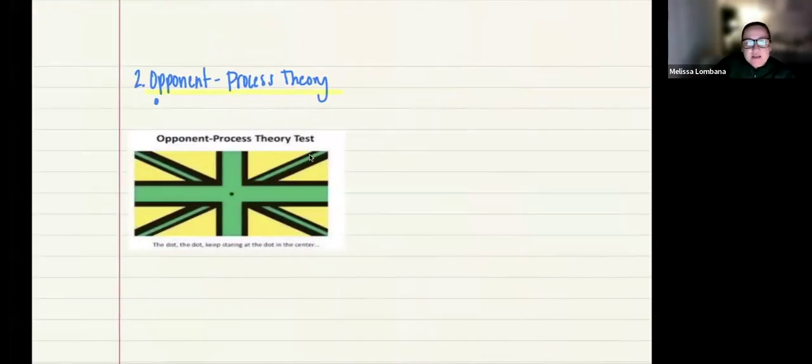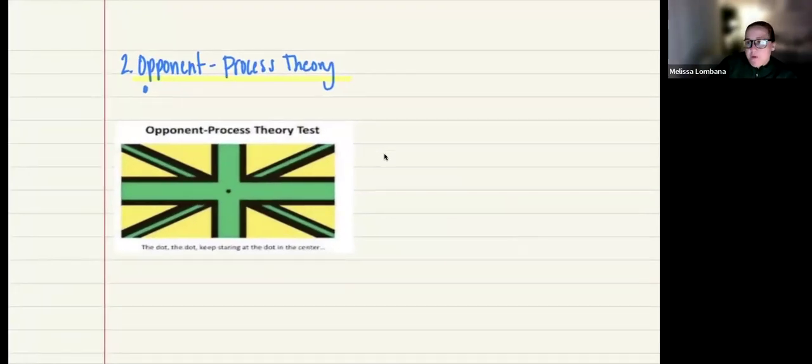Then there is the next theory, which is called opponent process theory. We've talked about opponent process theory when it comes to emotion. This one is for vision. Opponent process is where we have receptor cells, and the cones work in pairs.